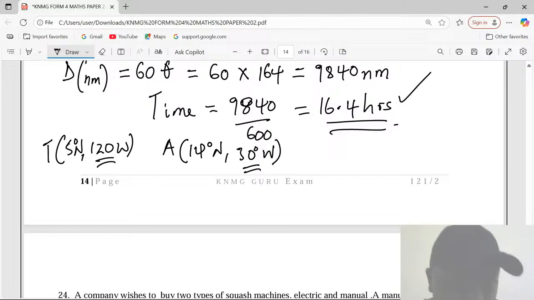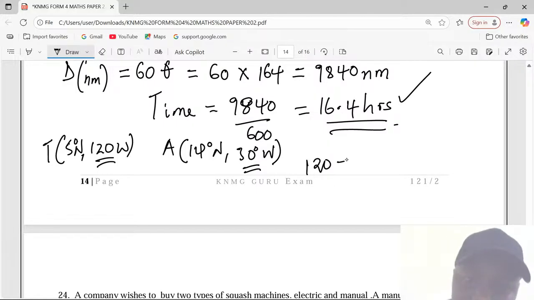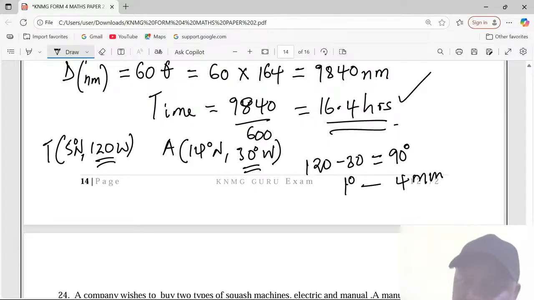They are both on the west side, but one is more west than another. So from 120 to 30, we are getting 90 degrees. And for every 1 degree longitude, there are 4 minutes time difference. What about 90 degrees? It shall be 4 times 90.